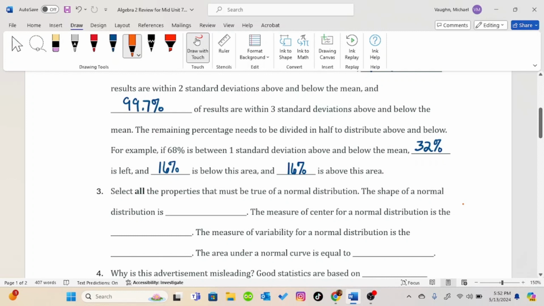Number 3, select all the properties that must be true of a normal distribution. Some things to keep in mind while you read through your choices. The shape of a normal distribution is approximately symmetrical and bell-shaped.